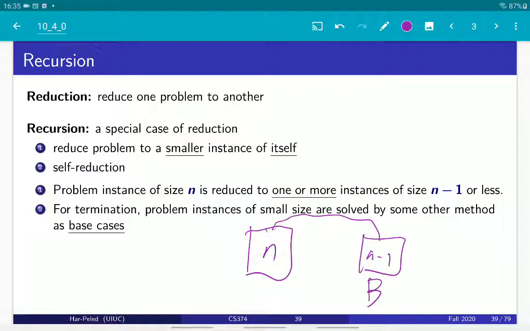So you get an algorithm A to solve an instance of size n using a black box B that solves smaller instances, right? And here's the big striptease. You say, B is not B, it's really A, right?